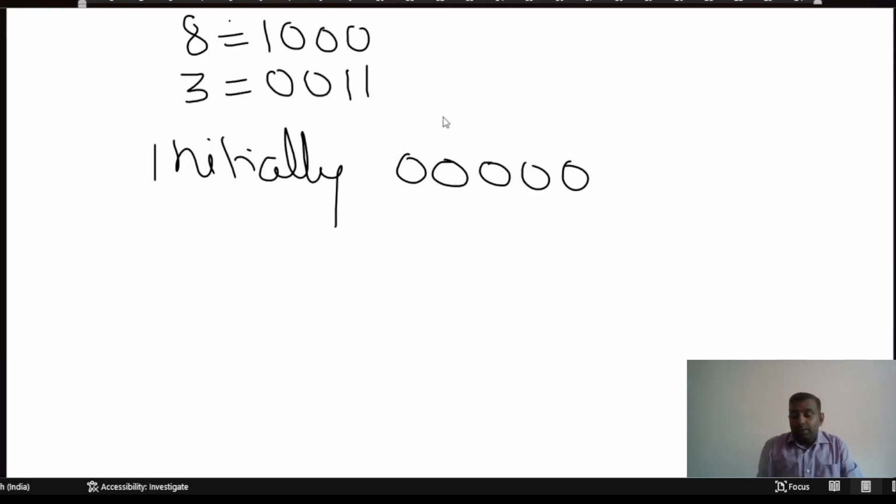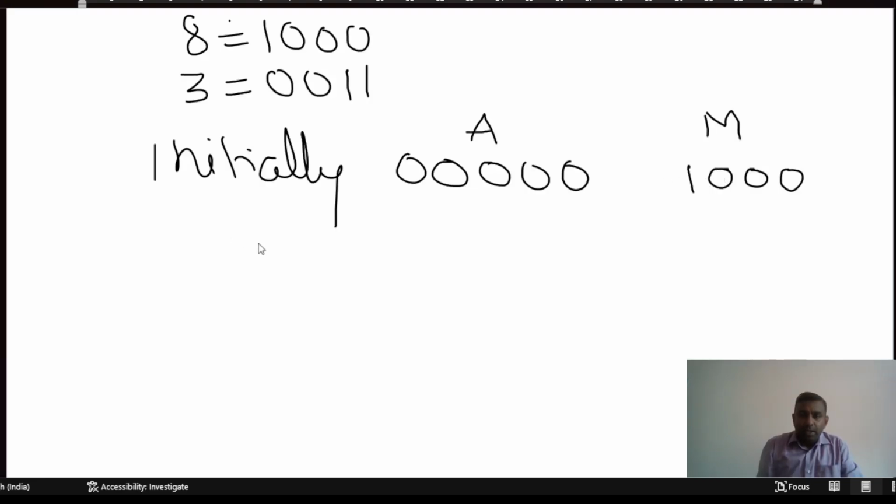This is the adjustment required to perform the division operation, and consider that it is present in register A. In register M we take the dividend. The dividend is 8, and 1000 is the binary equivalent of 8.